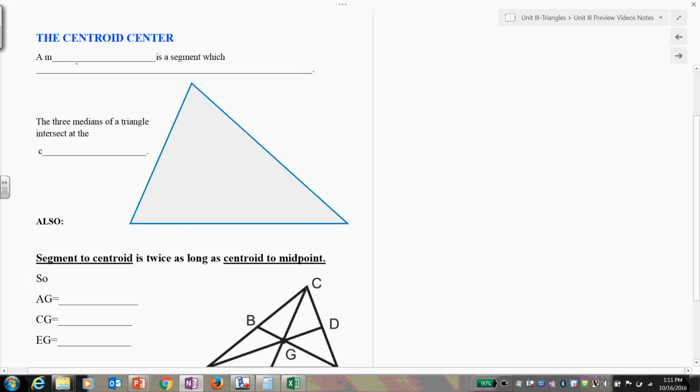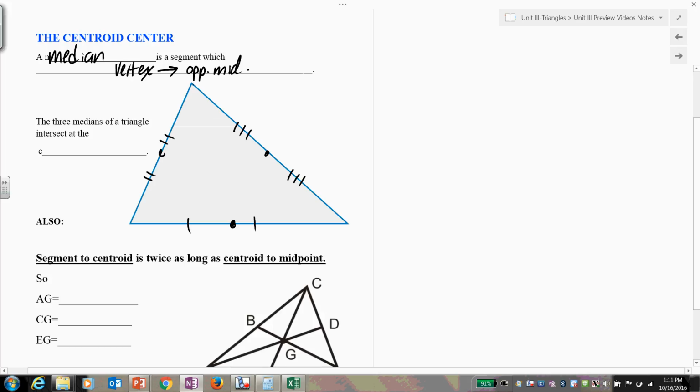This is called the centroid equation, when you have a median which connects vertex to opposite midpoint. Do that again. Midpoint, midpoint, midpoint. Connect them.